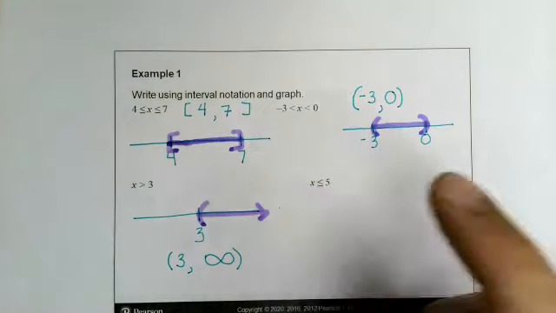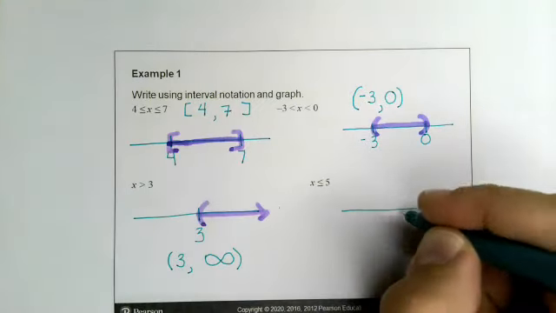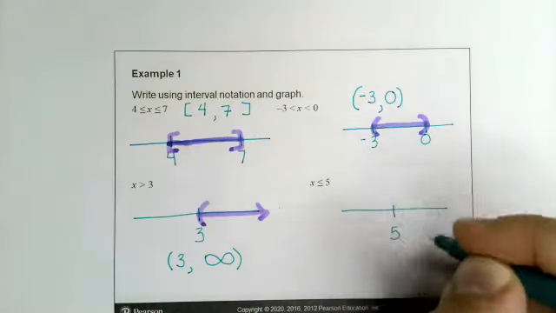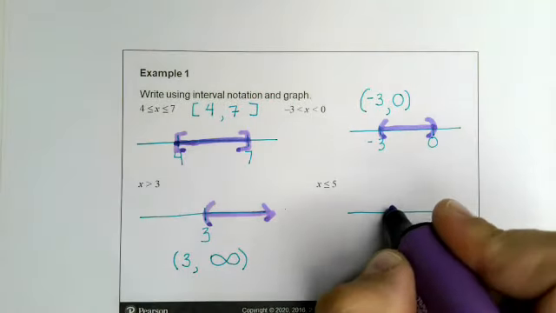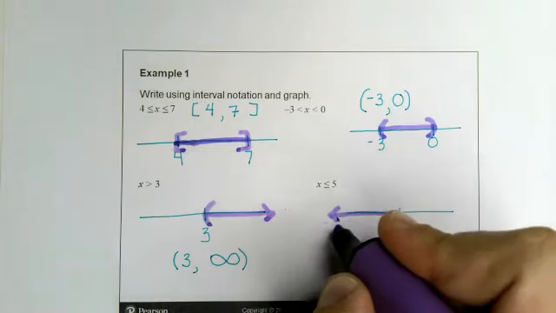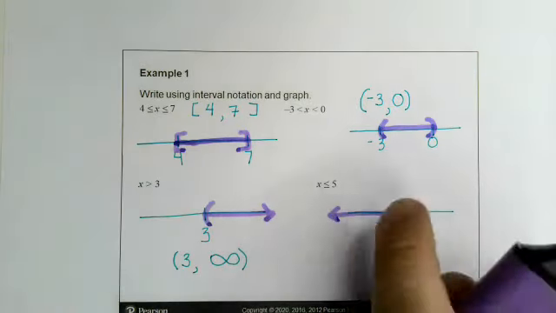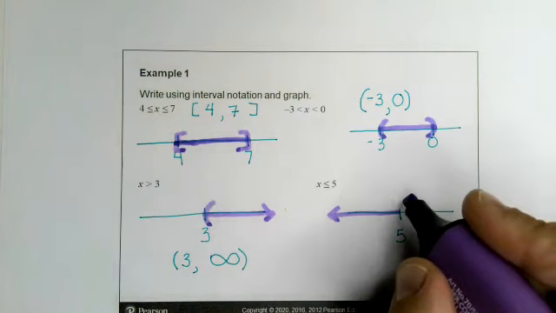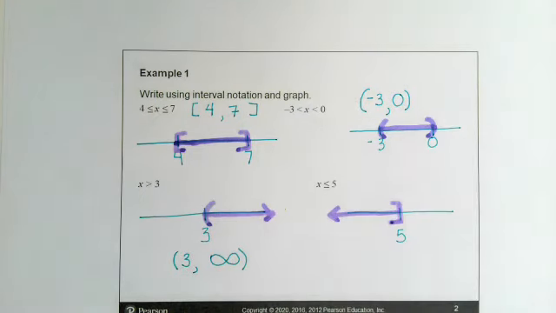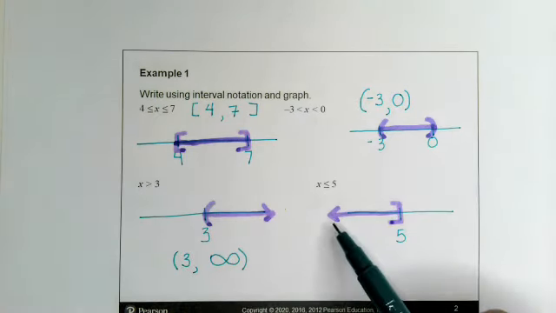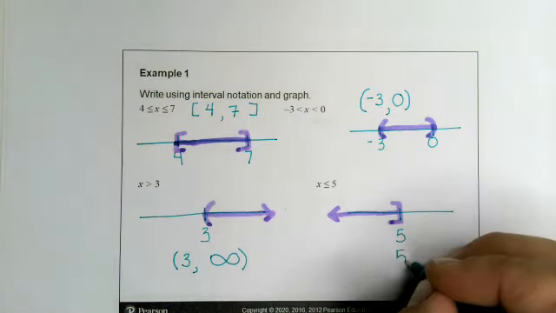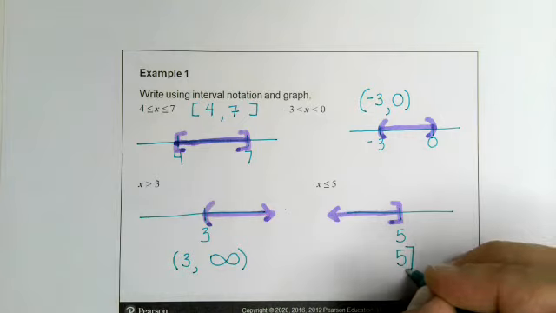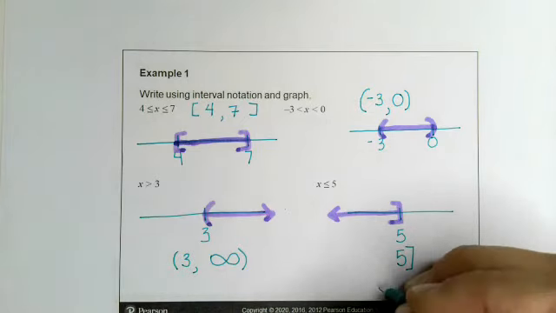X is less than or equal to 5, so I'm going to make a graph with the number 5. X is less than 5, just like 4 is less than 5, 3 is less than 5, 2 is less than 5. And it could be equal to 5, so that includes. My first number is not 5, right? 5 is going to be my last number, and it includes it, so I'm going to use that same symbol.